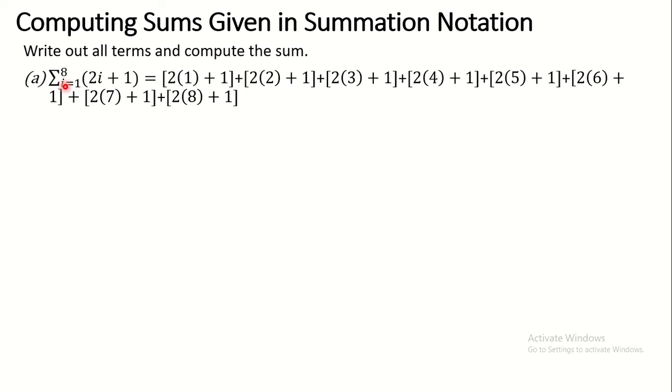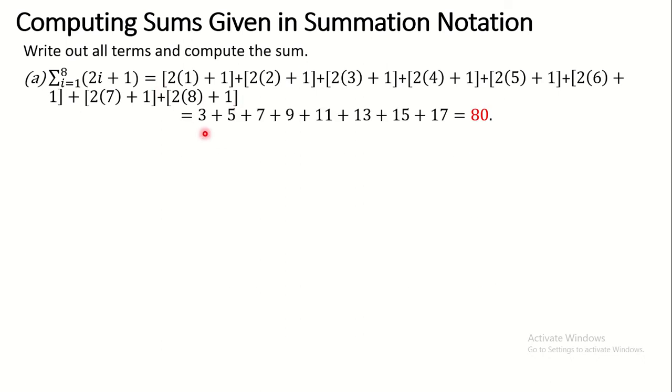If we have i is equal to 5, we have 2 times 5 plus 1. If we plug in i is equal to 6, we have 2 times 6 plus 1. If i is equal to 7, we have 2 times 7 plus 1. And finally, if we have i is equal to 8, we have 2 times 8 plus 1.